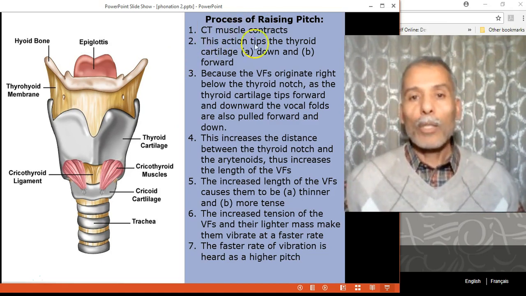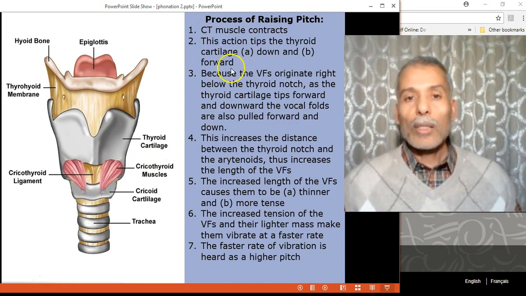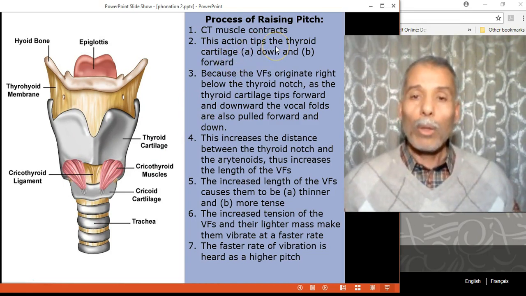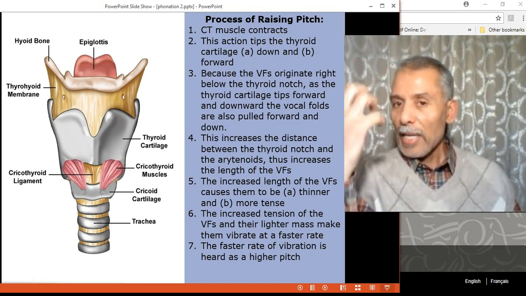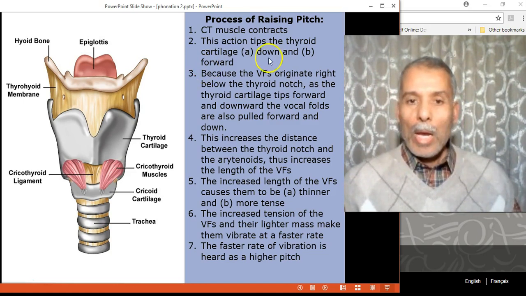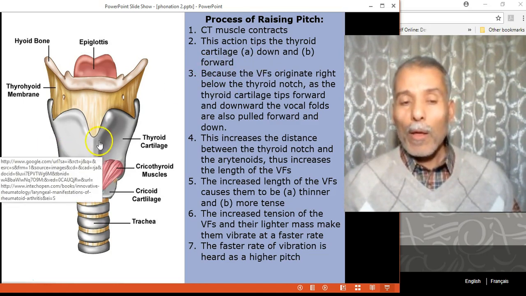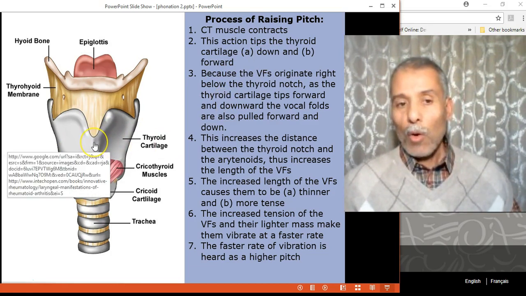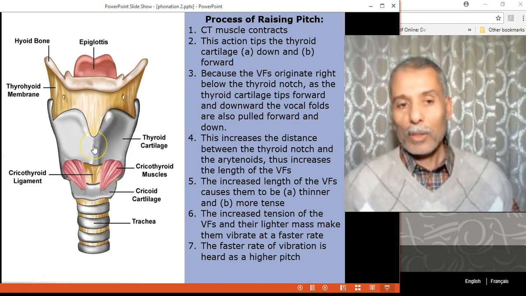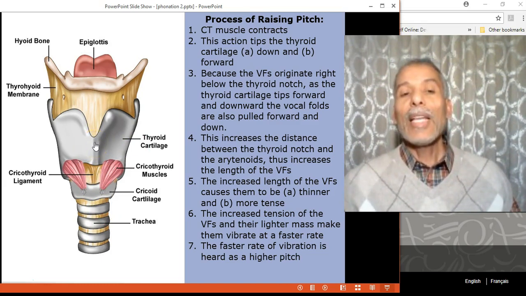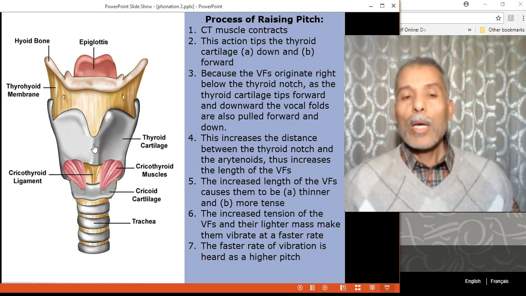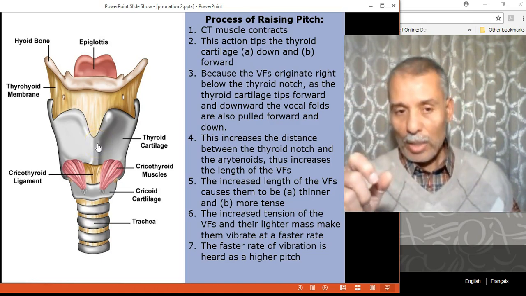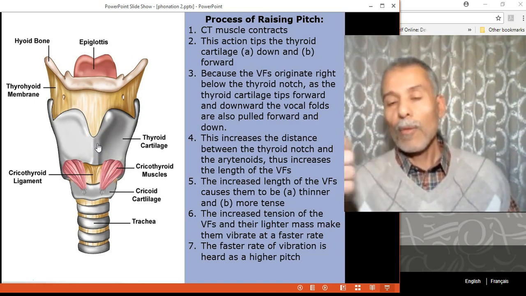So the cricothyroid muscle contracts. When it contracts, it's going to pull the entire thyroid cartilage anteriorly and inferiorly. Two movements. Because the vocal folds originate on the anterior surface of the thyroid, beneath or below the thyroid notch, below this end here, when the thyroid is pulled forward and down, it will pull with it the vocal folds.